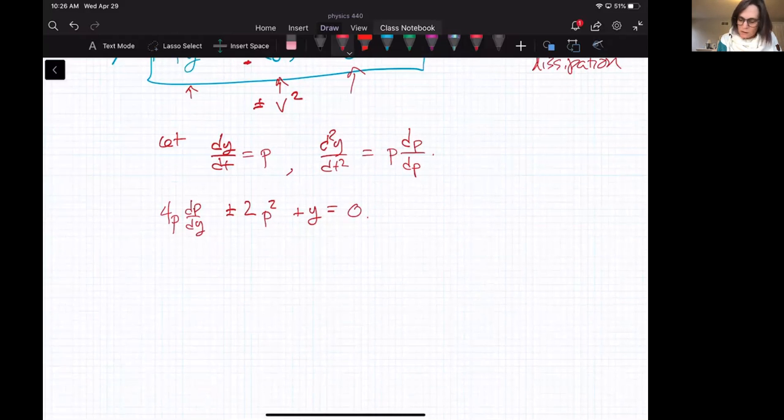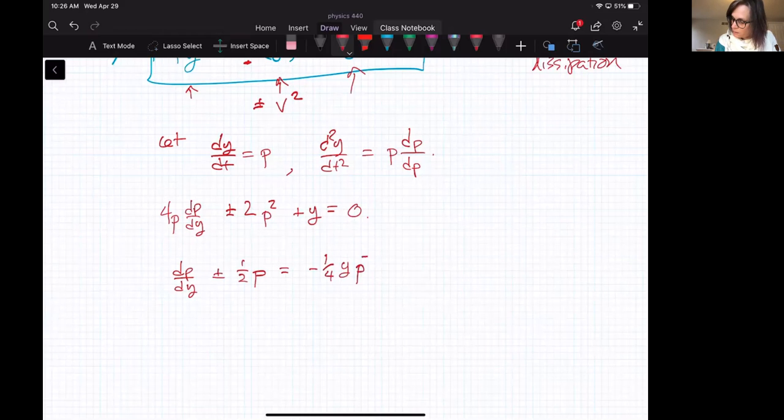Now we can write dp/dy plus or minus 1/2 little p is equal to minus 1/4 y little p to the minus 1.